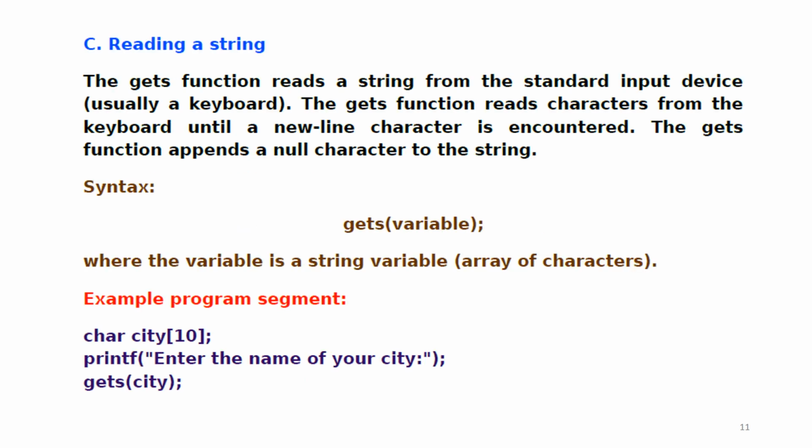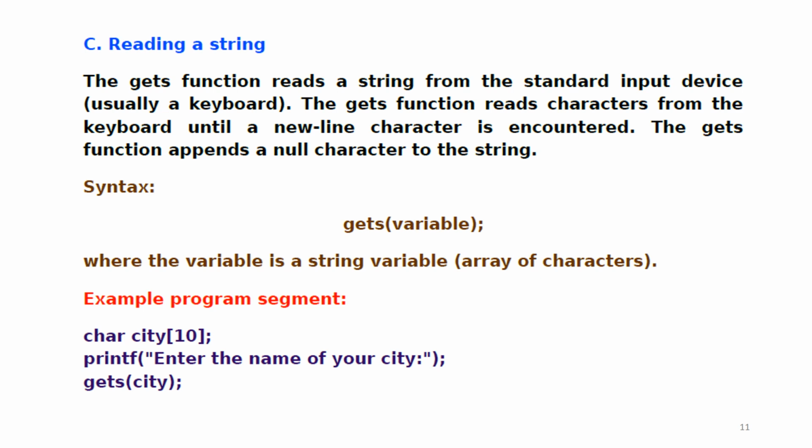Now let's look at how to read a string using the gets function and write a string using the puts function. A gets function reads a string from the standard input device. The gets function reads characters from the keyboard until a newline character is encountered.